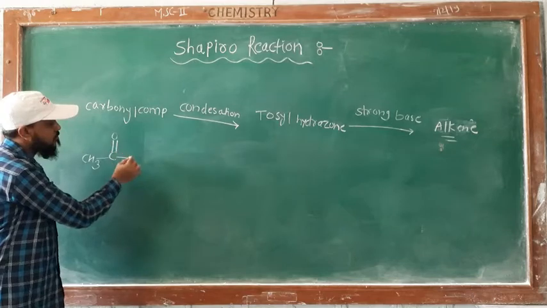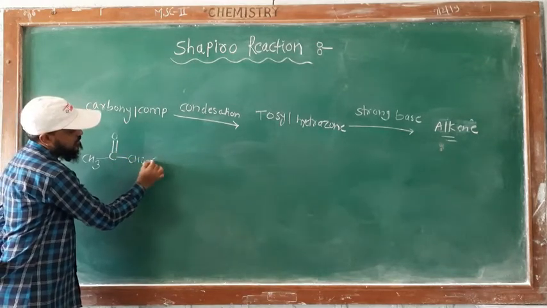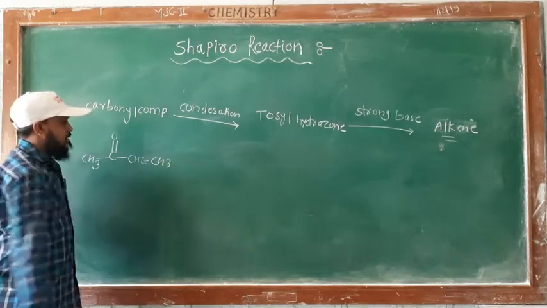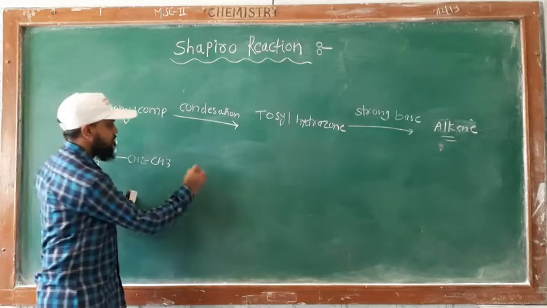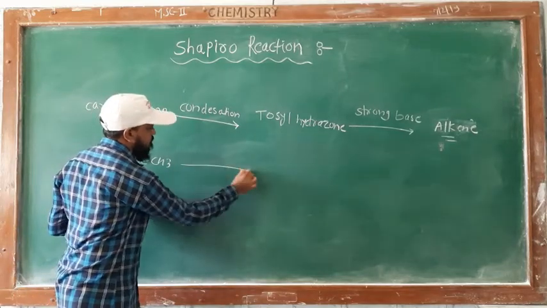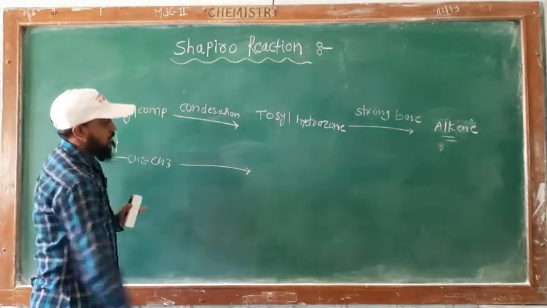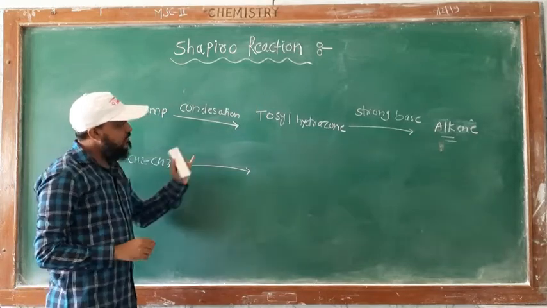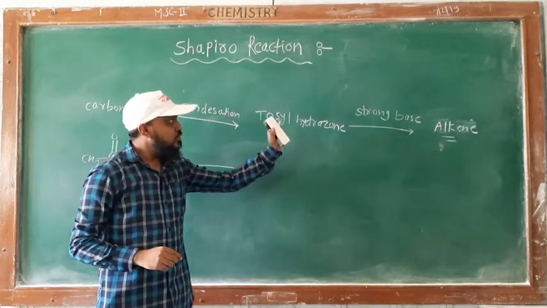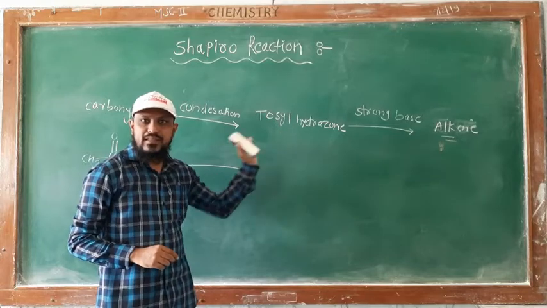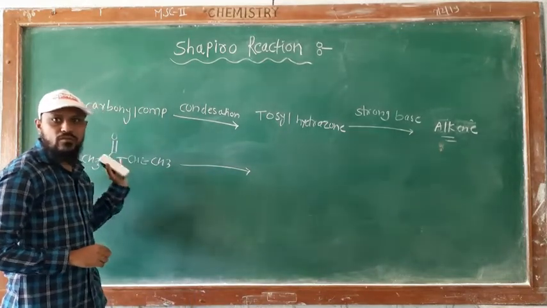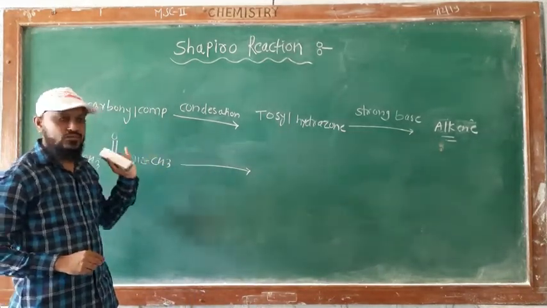Now look here, I have taken CH3 C double bond O CH2 CH3, a carbonyl compound. It is converted into tosyl hydrazone by the reaction of the carbonyl compound with tosyl hydrazine.